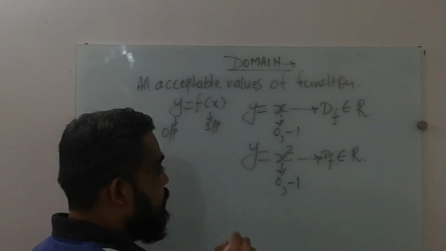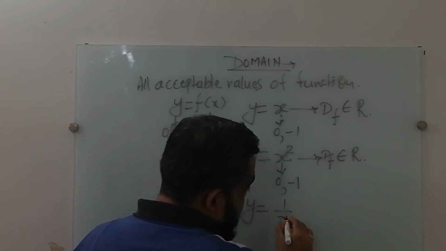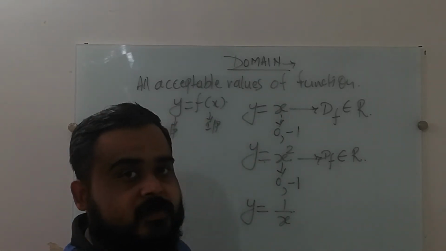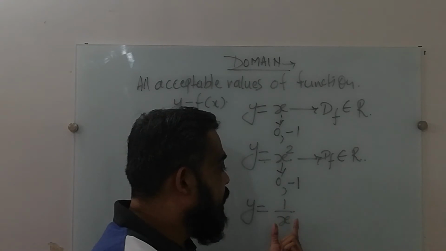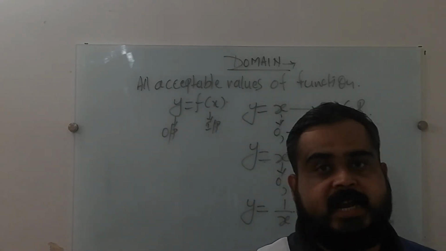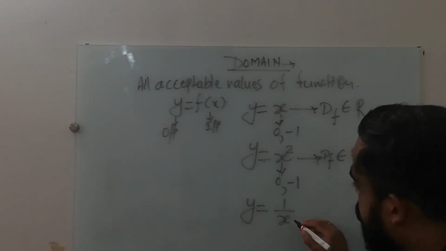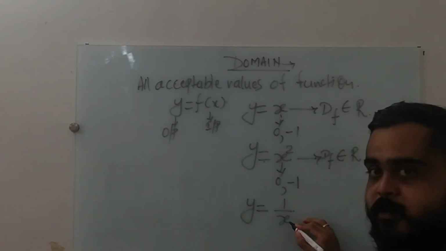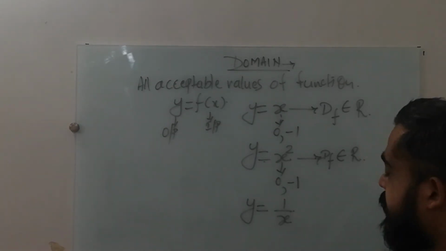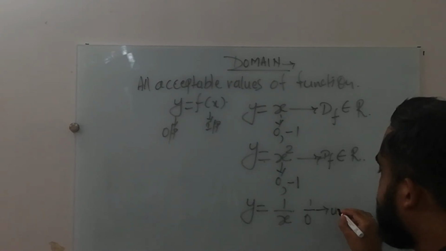Let us take another example, y equal to 1 by x. Now here in 1 by x we can't substitute every value, that is we can't substitute every real number. Why? Because if we substitute x equal to 0 here, then we will obtain 1 by 0 which is undefined.